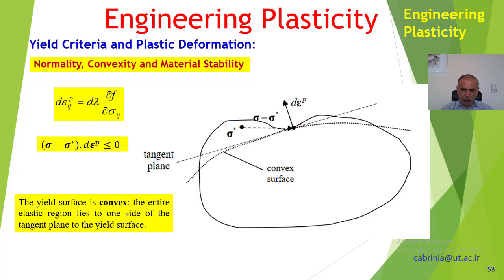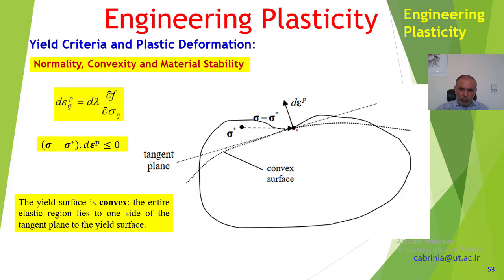Now I have a concave surface and a convex surface. So supposing on this concave surface we have a d epsilon p, and then if I draw a tangent to this concave surface, and supposing that the stress state, elastic stress is here, and the plastic stress is here.